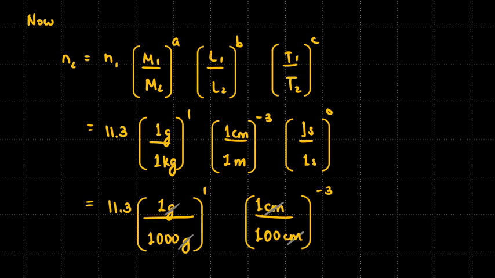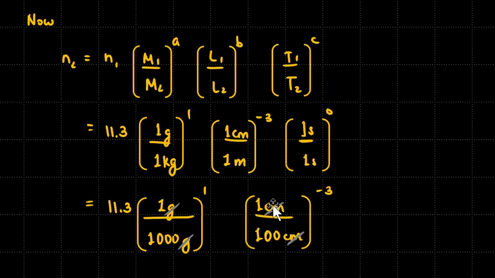Now it's simple algebra. We will get n2 equals 11.3 times 1 by 1000 into, what would be this number? Ones, tens, hundred, thousand, ten thousand, hundred thousand, million. So 1 million, because we had 1 by 100 raised to the power of minus 3.